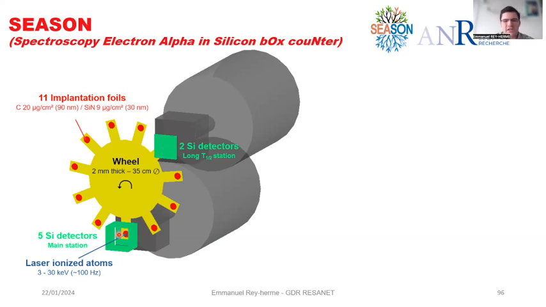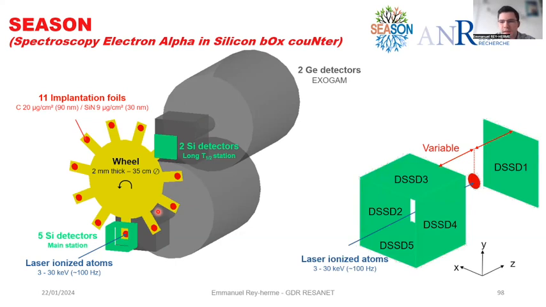And in the main station, there will be a new foil free of contamination from the previous laser frequency. And then we have 2 germanium detectors, exogram detectors, that will be placed behind the 2 stations to measure the gamma rays in coincidence.